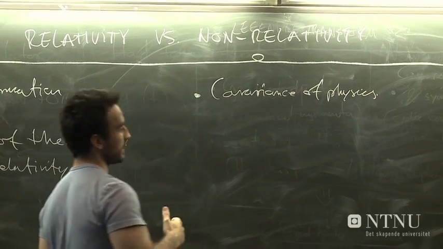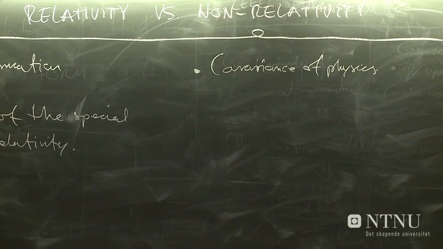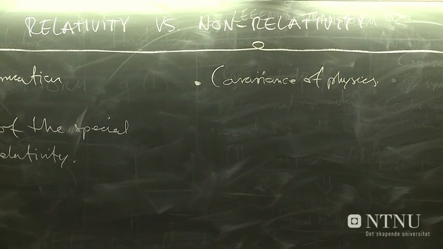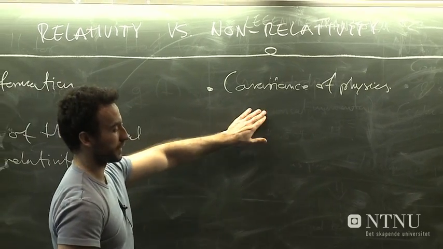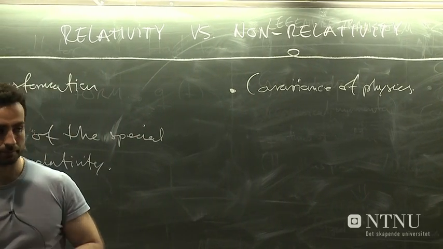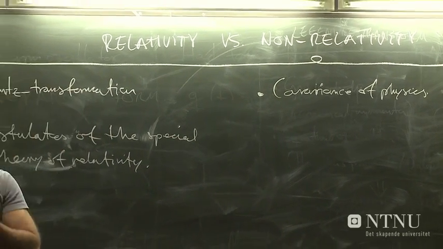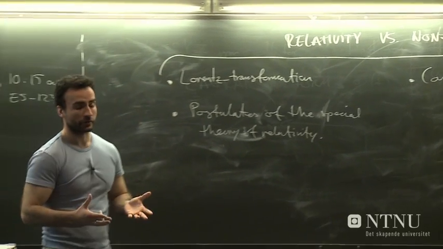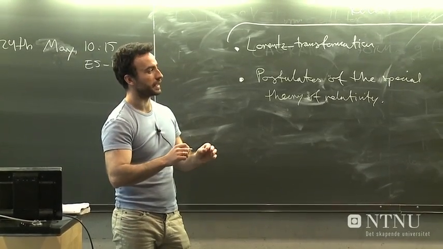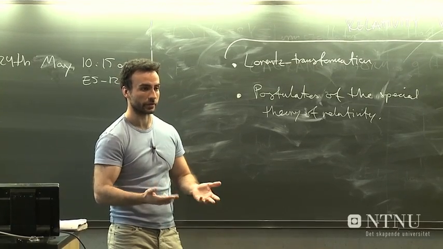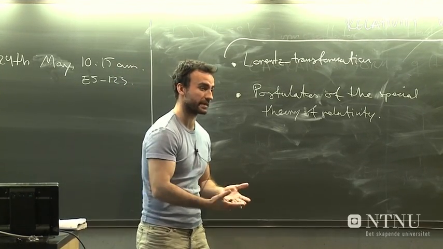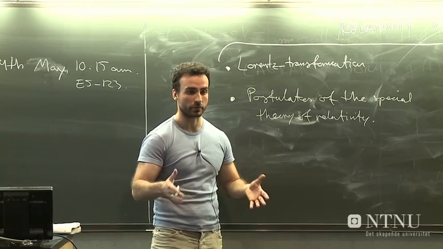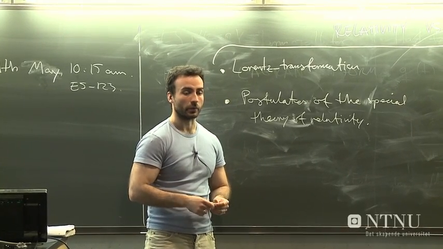So we basically made this first postulate a bit more quantitative by discussing covariant physics in different inertial frames. That the laws of physics or equations of motion should basically have the same form in all inertial frames, so that we would have the same type of physics regardless of which coordinate system we were located in.